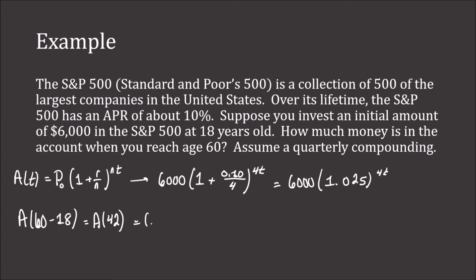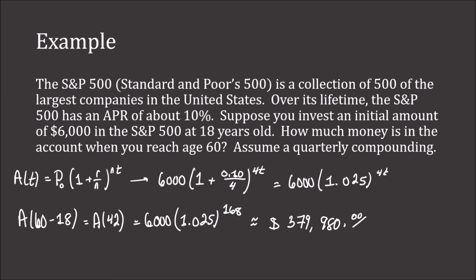So we have 6,000 times 1.025 to the 4 times 42, which is, what, 168? And this will give you about $379,980.